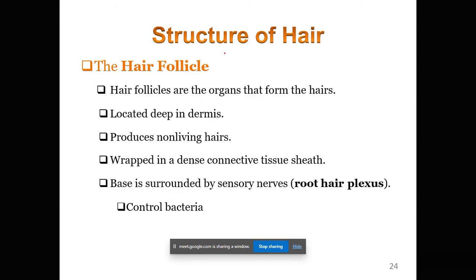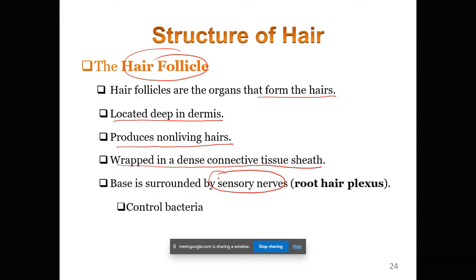So structure of hair. Hair follicles are the organs that form the hairs. They are located deep in the dermis. They produce non-living hairs. They are wrapped in a dense connective tissue sheath. The base is surrounded by sensory nerves.